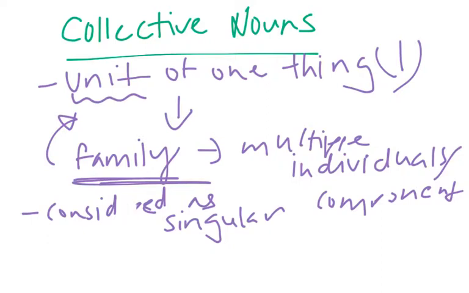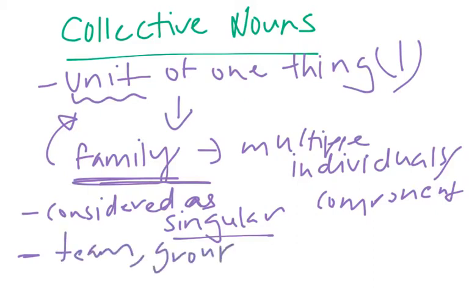Let me write this better for you in my handwriting, so you can understand my handwriting. Considered as singular. Now, another example of a collective noun is the word team, or the word group, or flock.